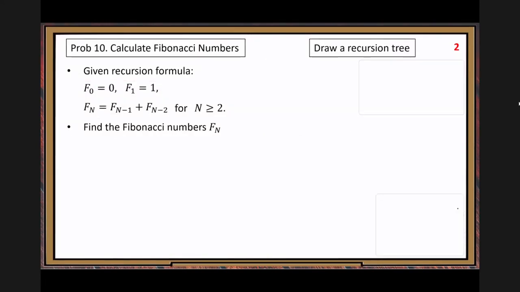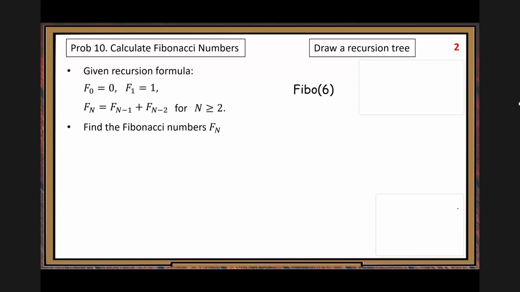Here I want to draw a recursion tree to show you why this straightforward recurrence relation is not efficient. Let's just use a simple Fibonacci number, Fibo of 6. We want to see how much redundant computation we do here.